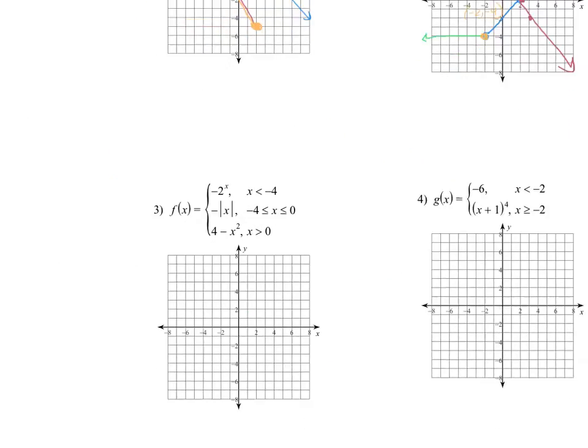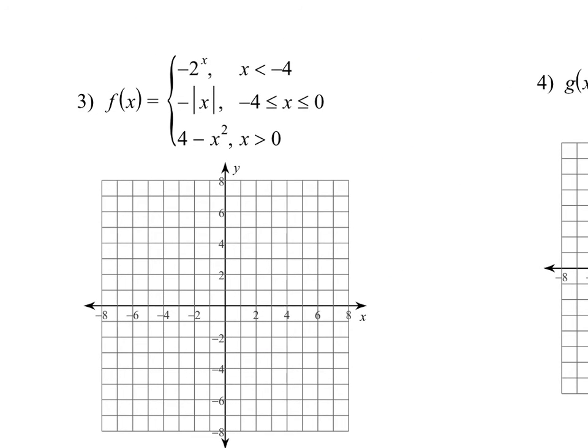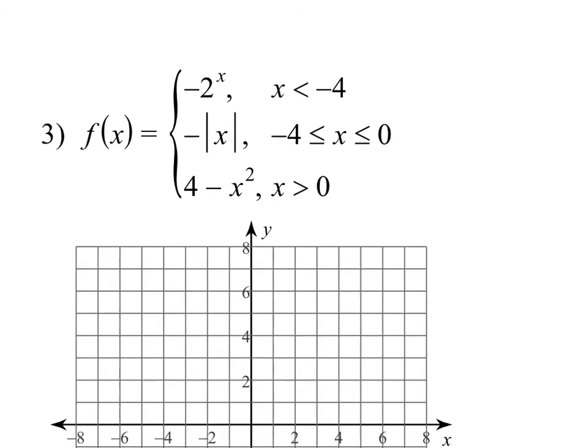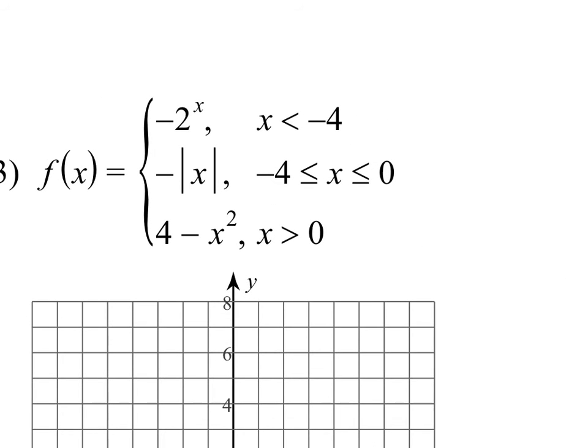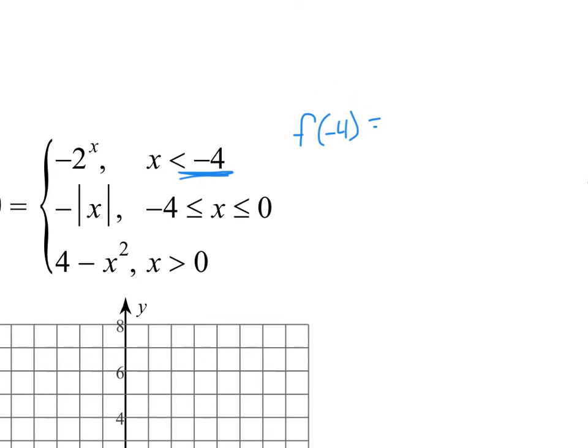All right, let's look at 3. All right, so this one looks kind of tricky. We start the same way. So we plug in when x is negative 4. So we have f of negative 4. We put that into our function. So we have negative 2 raised to the negative 4th power.